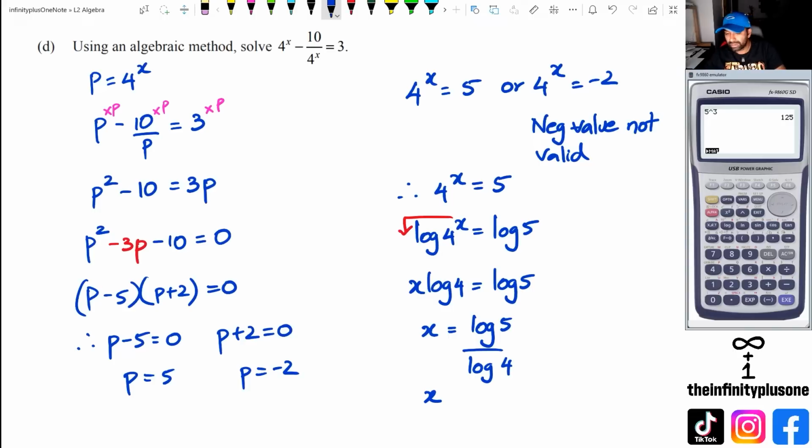So put that in the calculator. Where is my calculator? There it is. All right, so we've got log 5 divided by log 4, and you're going to get 1.16. Now let's say instead of log you use ln. You're still going to get the same answer. Ln of 5 divided by ln of 4, that's still the same answer. So x is equal to 1.16.